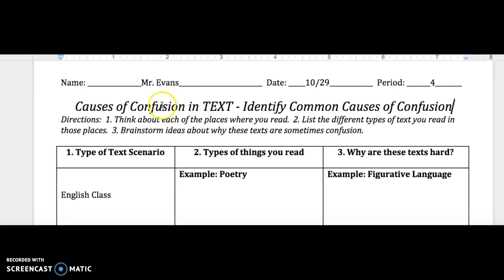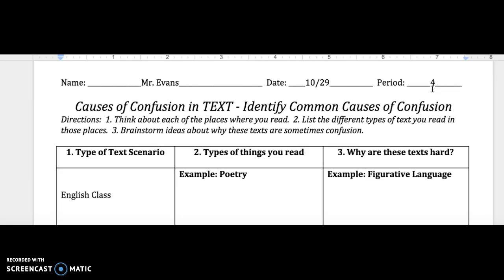handy. And notice that I put my name on it and today's date, which is 10/29, and I just put a number in here for period. Essentially, you put what block of the day that you come to my class.